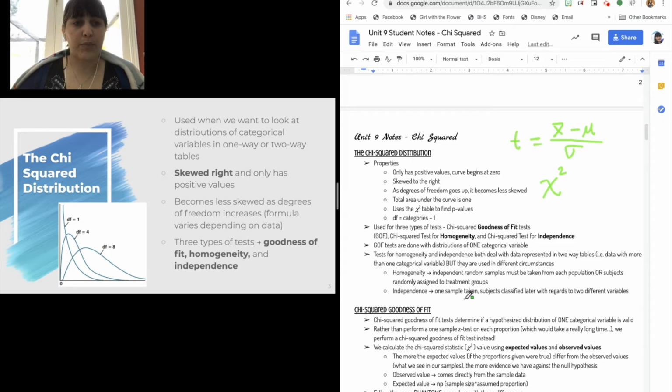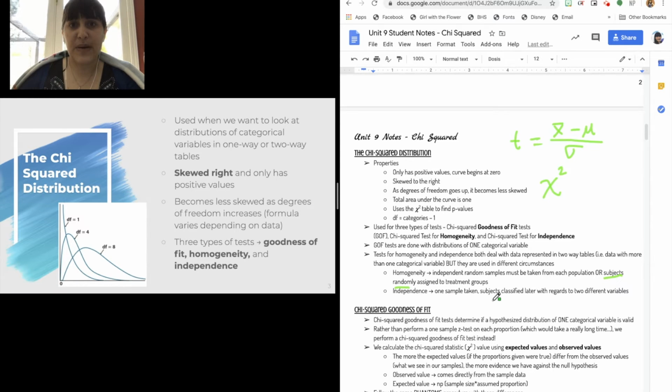One other thing I want to tell you about these three types of tests, which I touched on before: homogeneity and independence are very similar because you're using two-way tables with two categorical variables, while goodness of fit tests only have one categorical variable. You know you're dealing with a homogeneity test if you have individual samples taken from a population, or an experiment where subjects are randomly assigned to treatment groups, which is what I'm looking at right here.